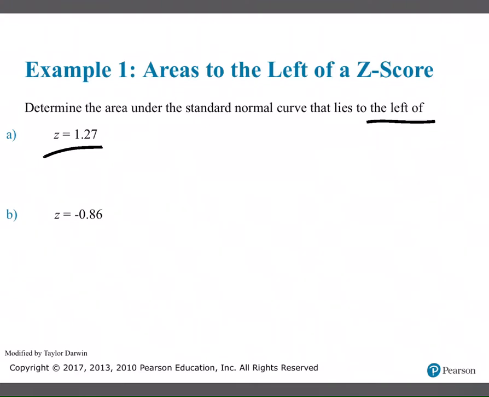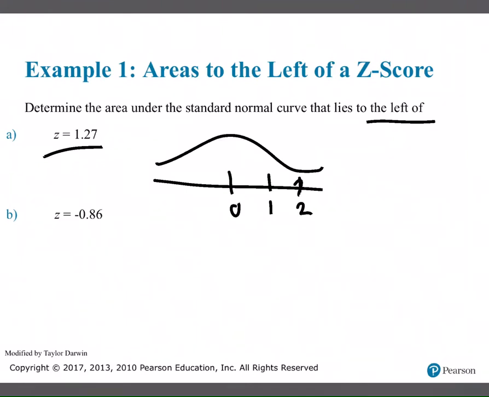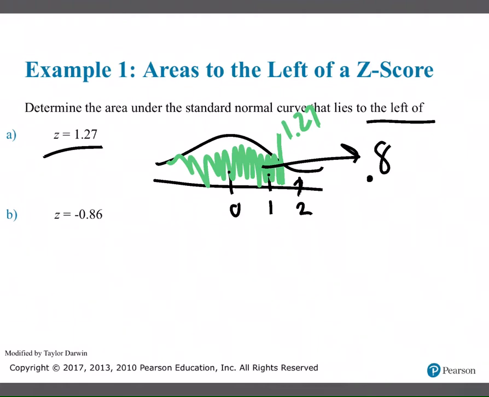You don't have to do anything else to it. I'm going to draw a visual of what's going on. 1.27 is about right here. So if I'm finding the area to the left, it's all of that. If I look that up in my z chart, I should get 0.8980, and that is my answer.